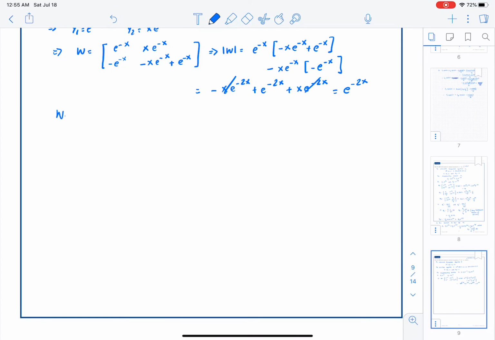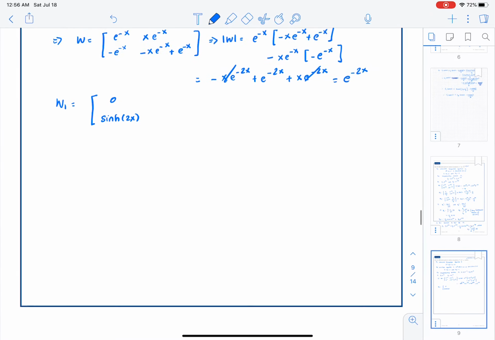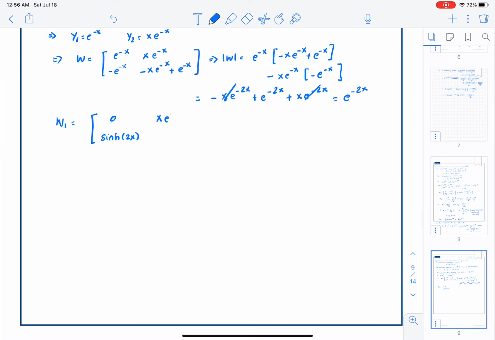W1 is 0, sinh 2x, and x e^(-x), and minus x e^(-x) plus e^(-x), which would give us the determinant of W1 equals x e^(-x) multiplied by sinh 2x.